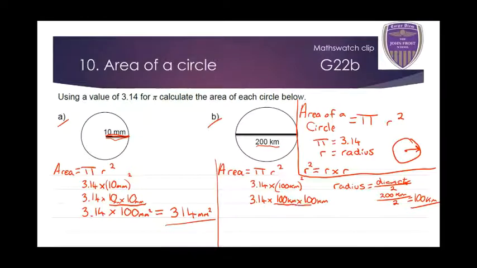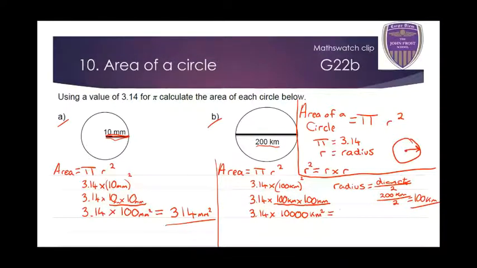Let's solve this first. 100 times 100 is 10,000, and because they're both in kilometers, it's going to be kilometers squared. So I need to do 3.14 times 10,000 kilometers squared.